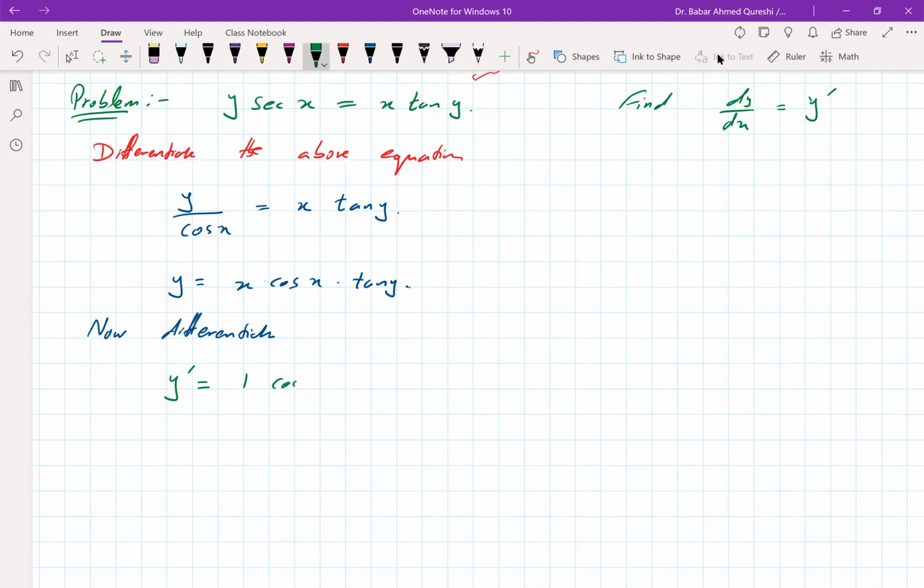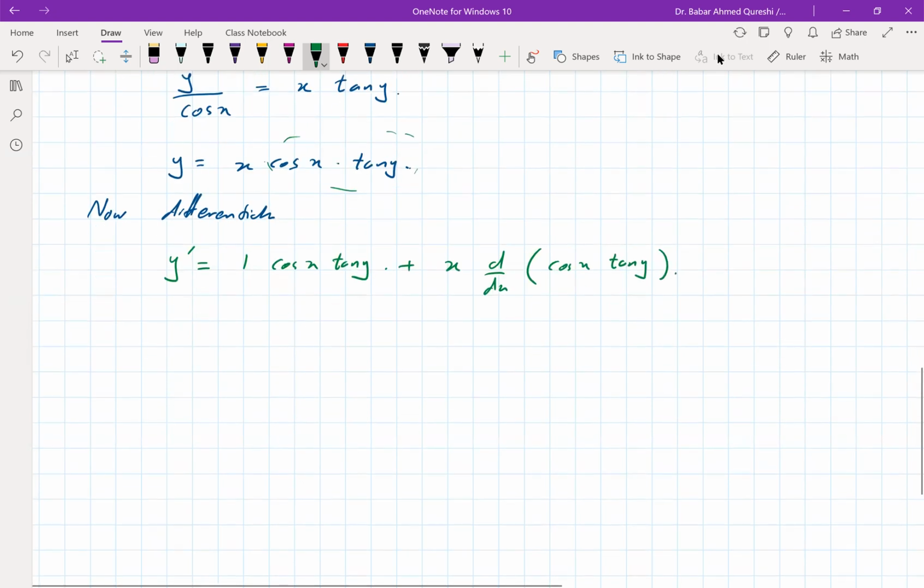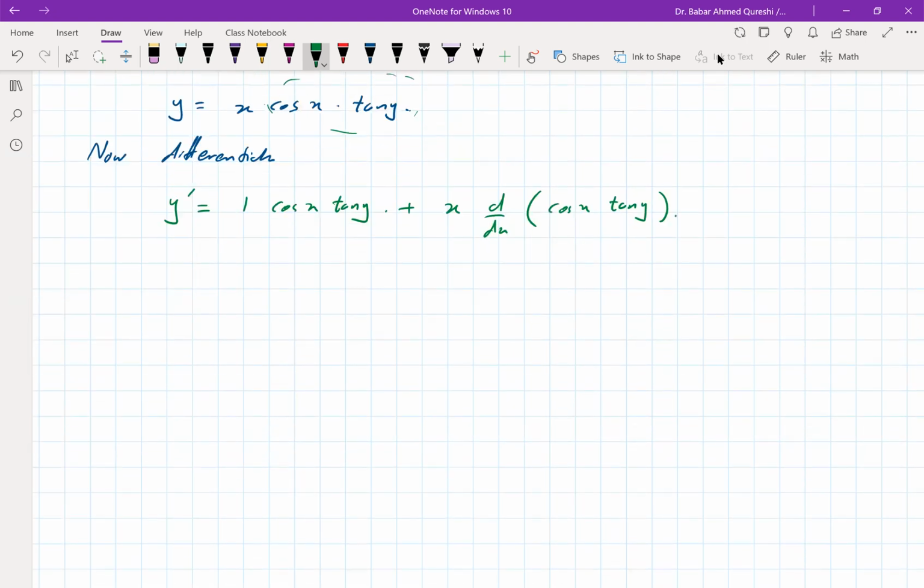So 1 cosine x tangent y as it is, plus x derivative of this whole thing. But as you can see, when I do the derivative of this whole thing, I'll be doing Leibniz rule on these two one by one. So in essence, what the Leibniz rule becomes on a product of more than 2 is that you leave two alone, and differentiate the other one, and just keep adding.